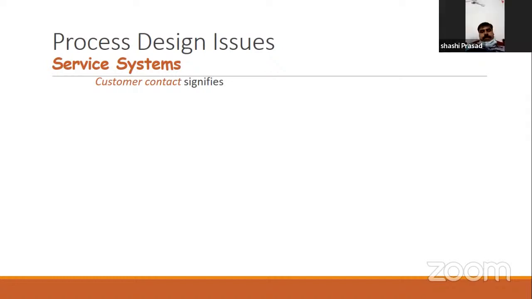Sashiji, you want to tell any inputs? Okay. See, the difference between a product and a service is that a product need not be aimed at a particular customer, at least not at the time of manufacturing.